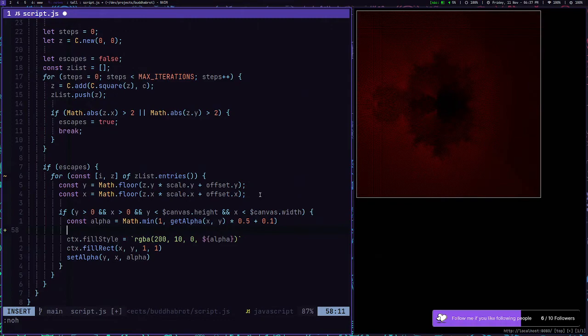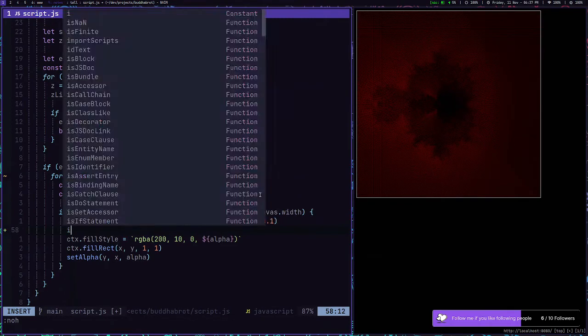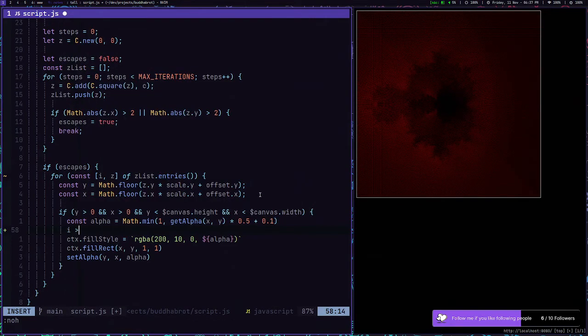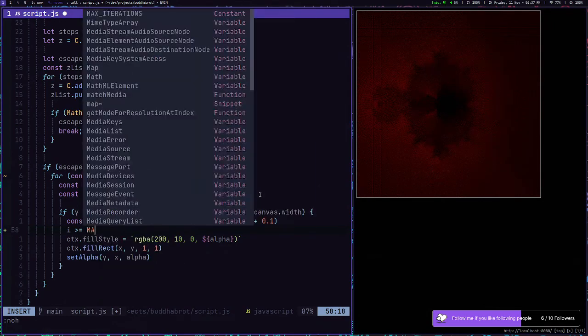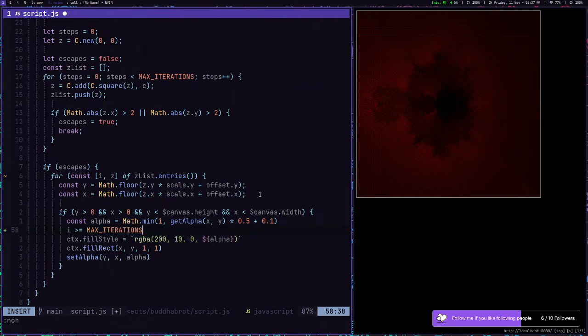So if I is greater than or equal to max iterations, isn't it safe to just use max iterations here? Oh, this would color it by range. So let's split max iterations. Yeah, I think the way they did it is the right way to do it.